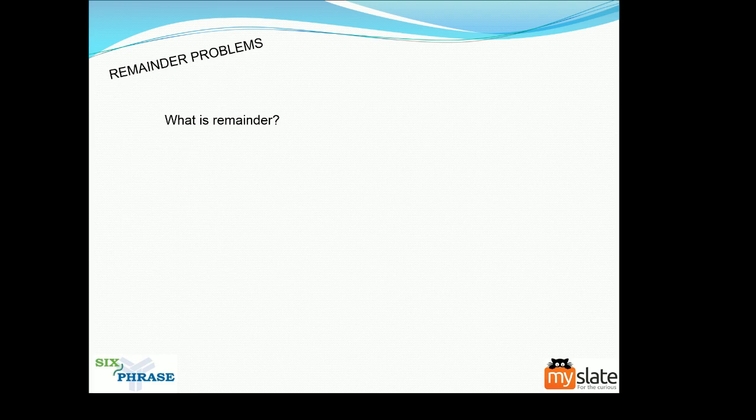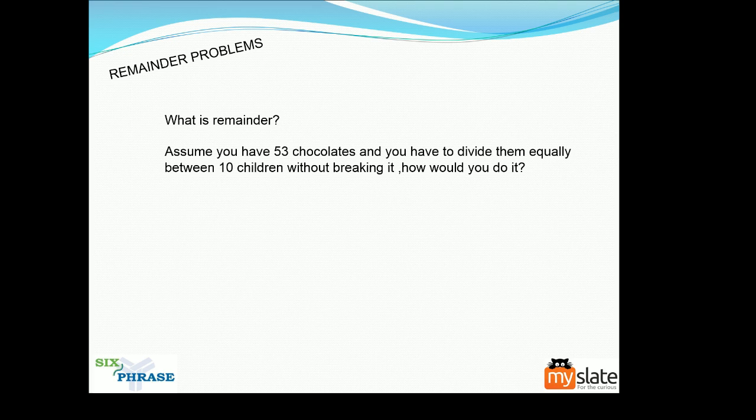Now, what is a remainder? Just think about what a remainder is. In order to tell you what a remainder is, I'd like you to assume you have 53 chocolates. You hold in your hand right now 53 chocolates, and you have to divide them equally between 10 children without breaking them. You are not allowed to break the chocolates.